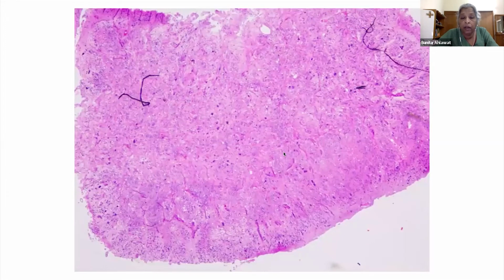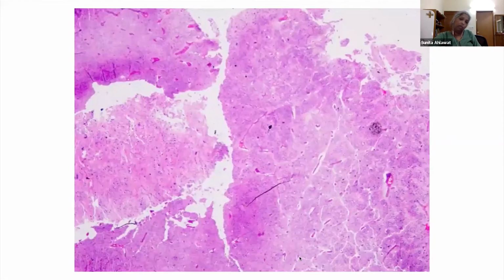So we had a lot of tissue which was sent to us. This tumor again came in, I think, 2014 or so, no, 15 or 16. At that time I had just joined.